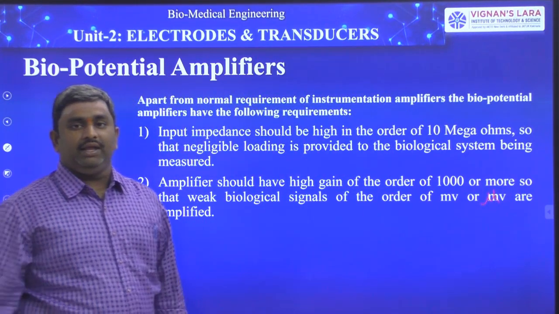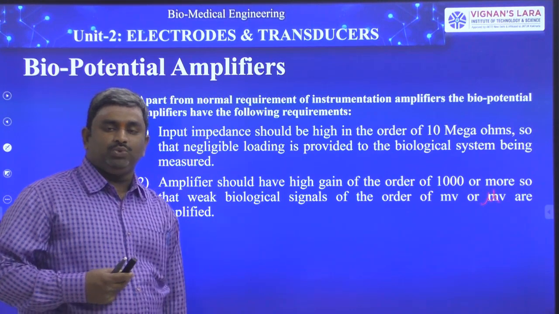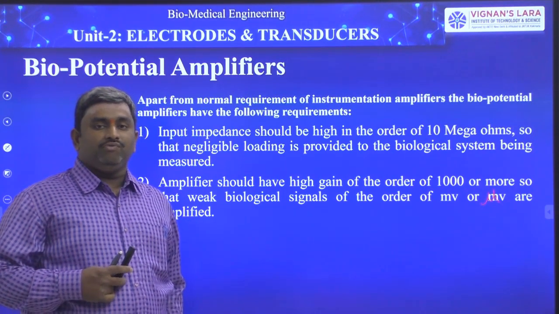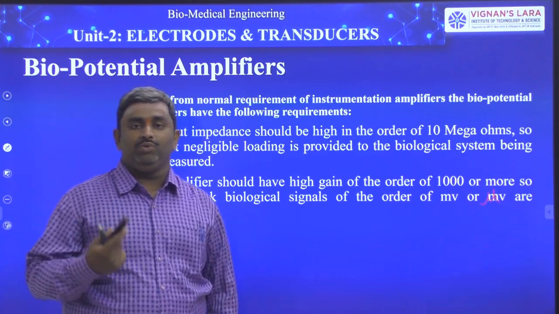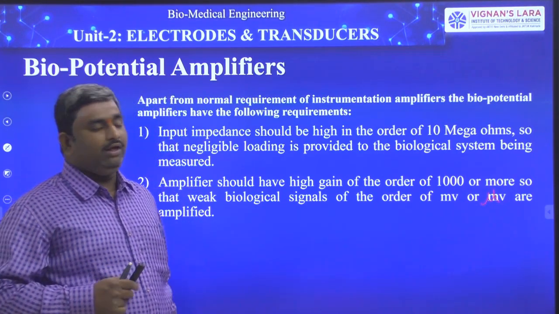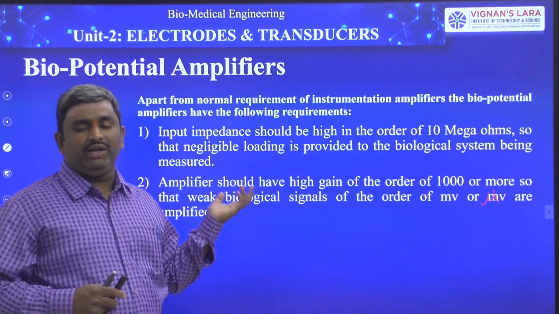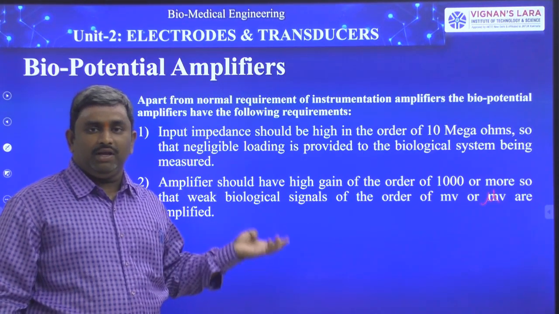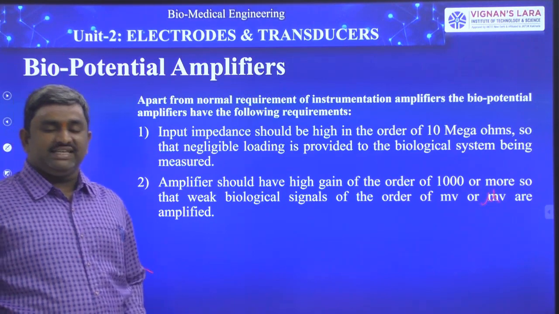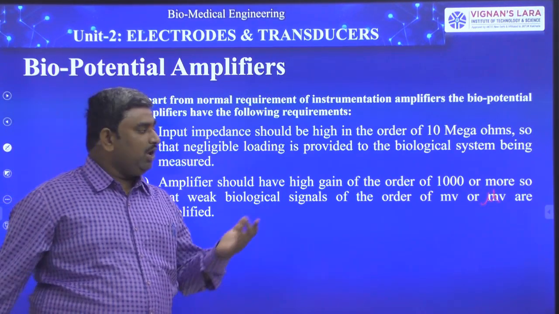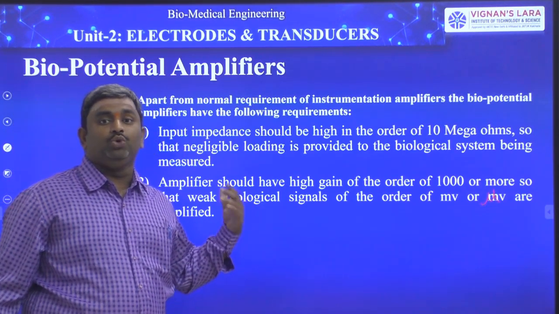Generally in our electronic laboratories we deal with voltage levels like 1 volt, 2 volt, 5 volt, 10 volt, 20 volt signals. But from our human body we get very small voltages, millivolts or microvolts. So for handling this type of bioelectric potentials, we need a good amplifier with a good gain.